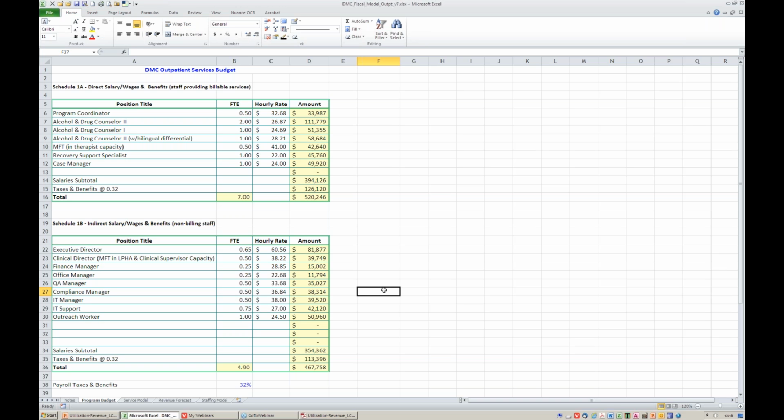One of the reasons I have this here is, to a certain extent, a teaching tool to make it clear that these are mandated functions. Maybe not all mandated, but functions you have to have covered to be successful in the waiver. You've got to have a QA manager. You've got to have a compliance manager.